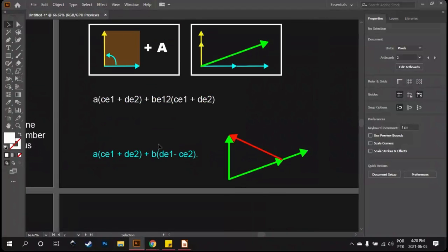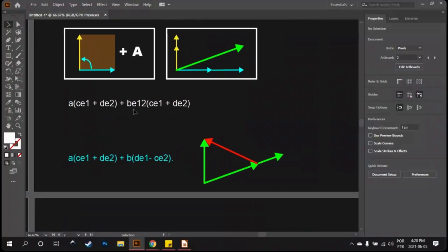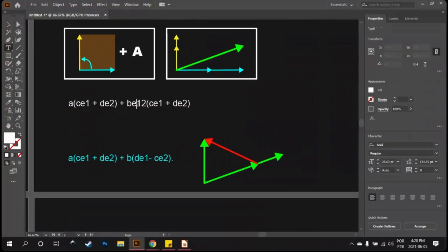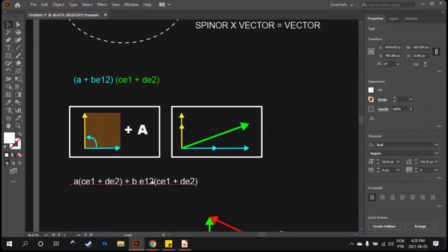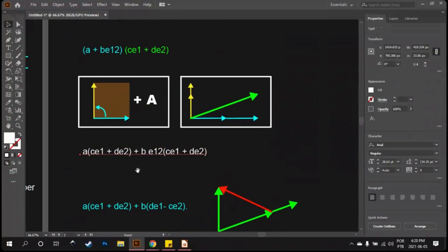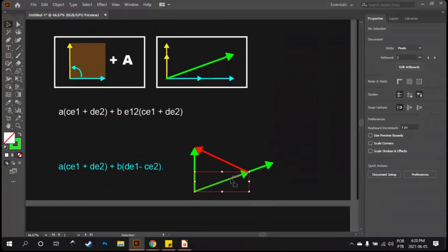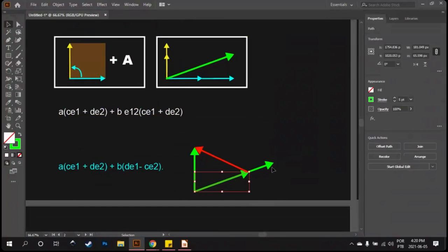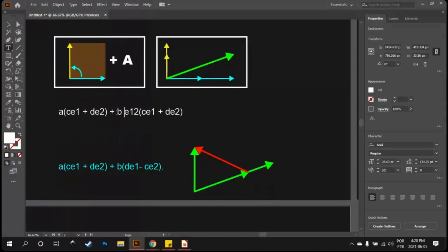What's interesting is that this vector is always just the original vector but rotated by some amount, because after multiplying these out, you have the original vector, and you end up with a new component, which is the spinor over here.